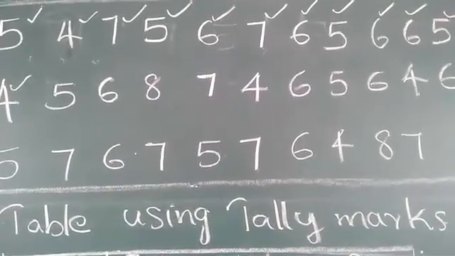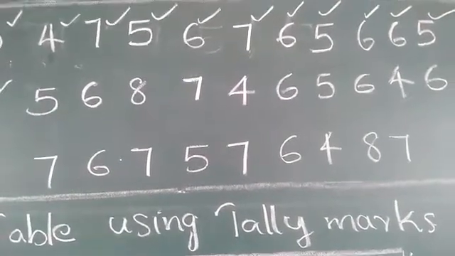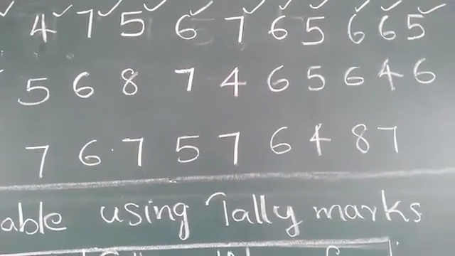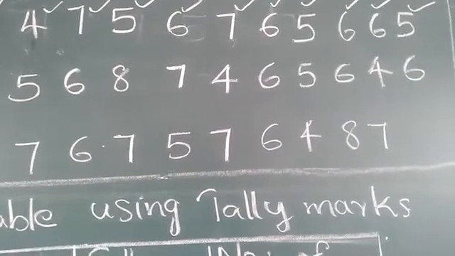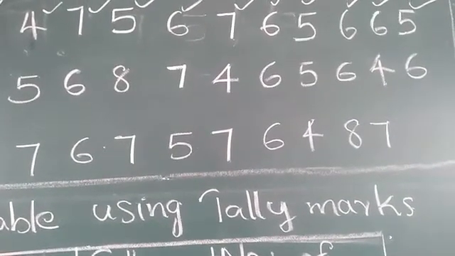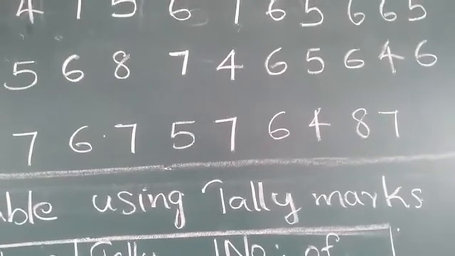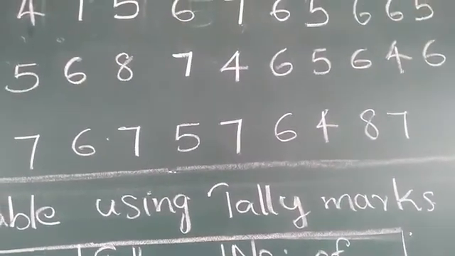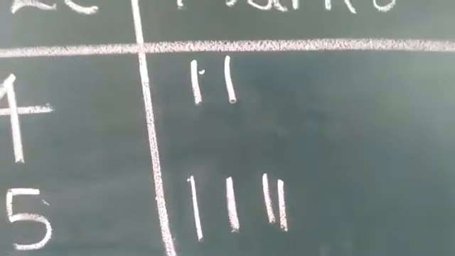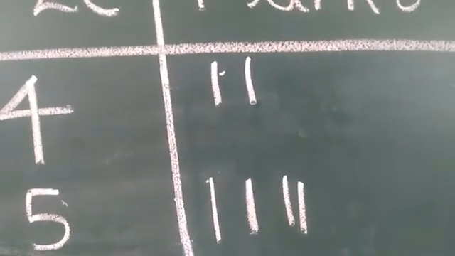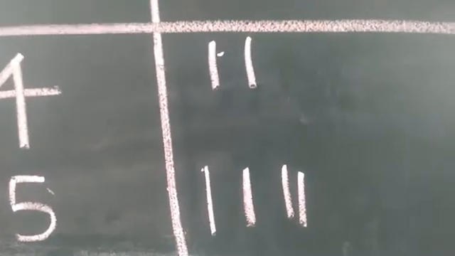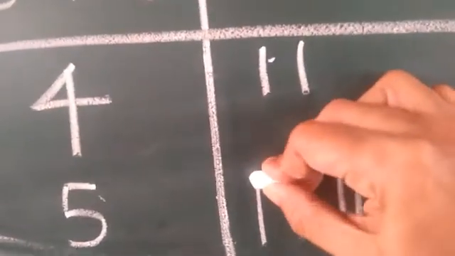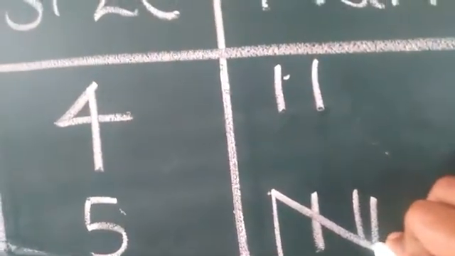Next one is again 5. But we have chosen 4 fives so far. Next turn, 5 becomes 5 times. 5 is coming 5 times. Then how will we represent it? Here 4 tally marks I put. Next one, like this we will put a cross.